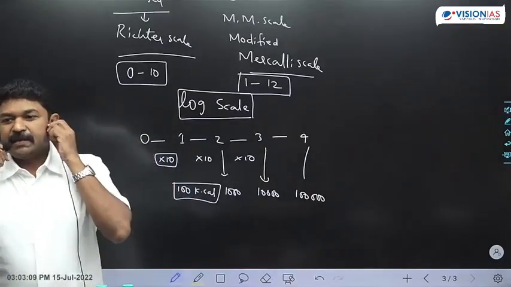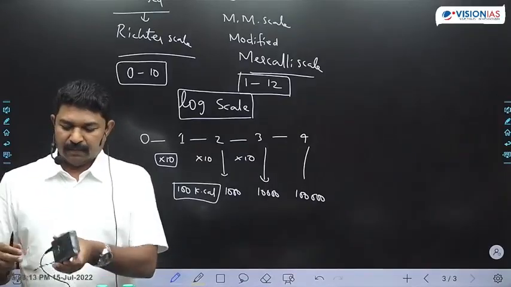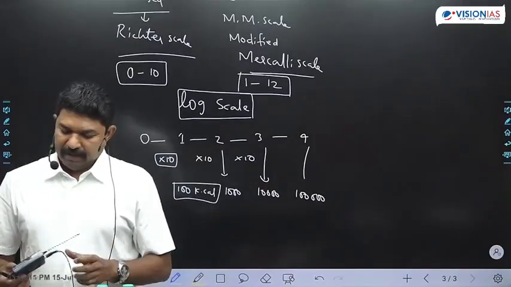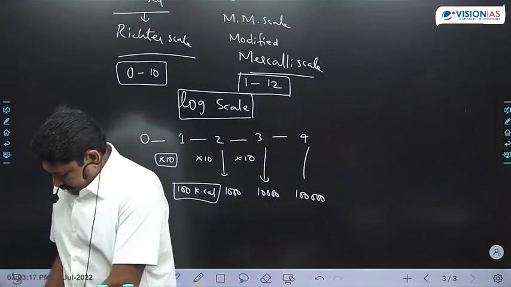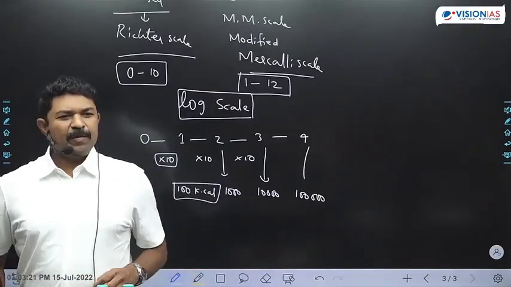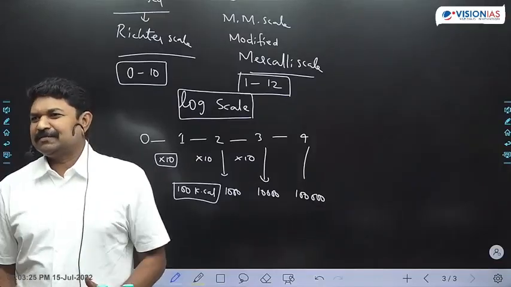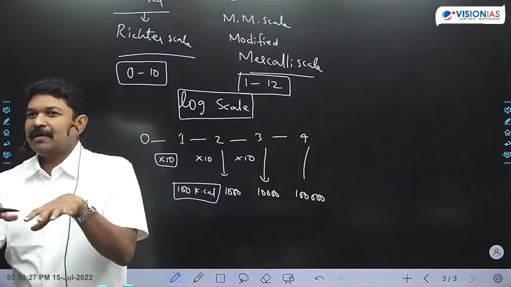Give the heading as different types of earthquakes. What do you mean by different types of earthquakes? An earthquake is a disturbance, a slight or strong disturbance.